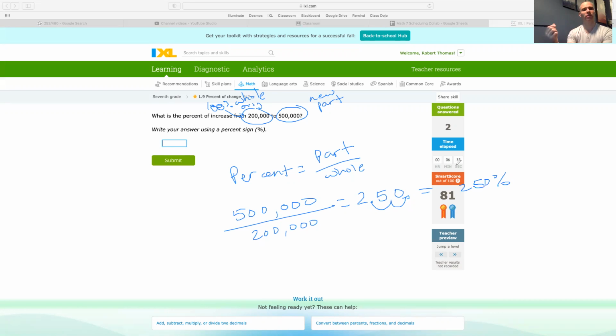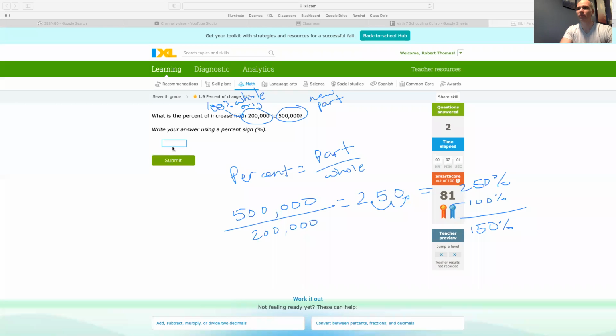And so this 250% says that 500,000 is 250% of 200,000. But we only care about the increase amount, the increase percent. And so what we have to do is subtract that original 100% that represented the 200,000 from this to see that the increase percent was 150%, not 250%.